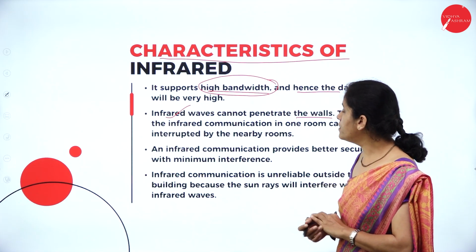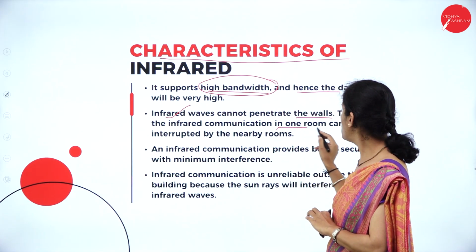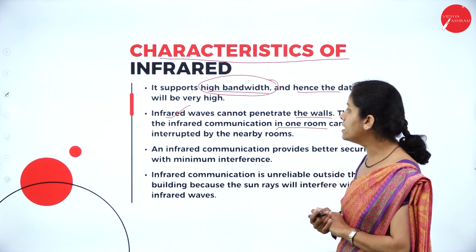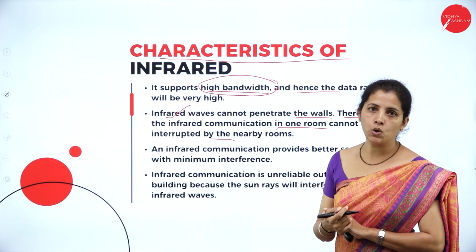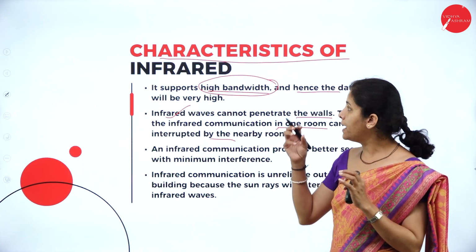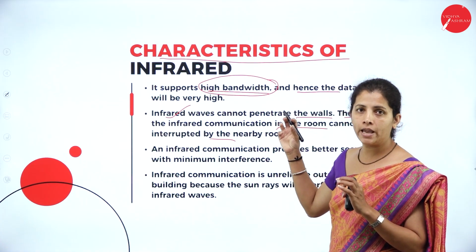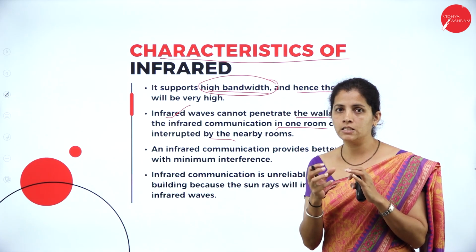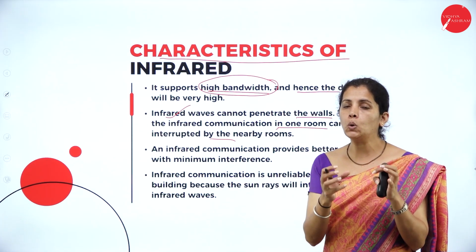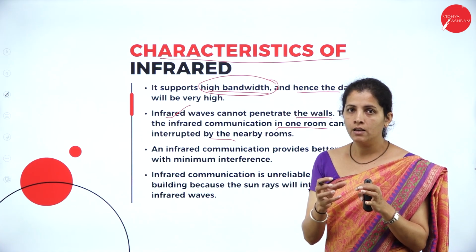Therefore, the infrared communication in one room cannot be interrupted by the nearby rooms. So dear student, by using infrared waves, I can cover only shorter distance, in the sense only closed area.